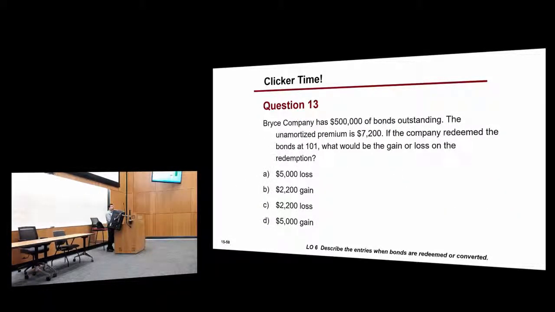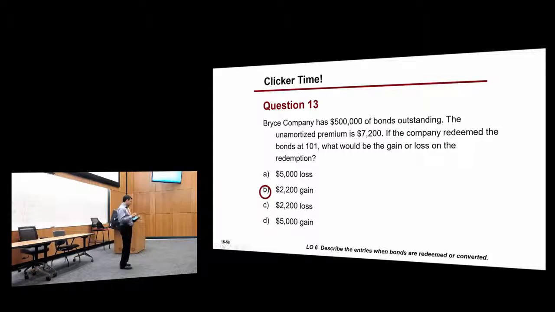Okay, so at least we agree on the 2,200. That's good. Actually, it is a gain. Think about it this way. When the company retires those bonds, they are paying a certain amount.